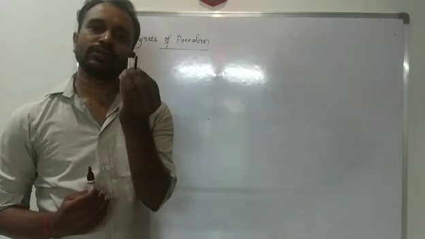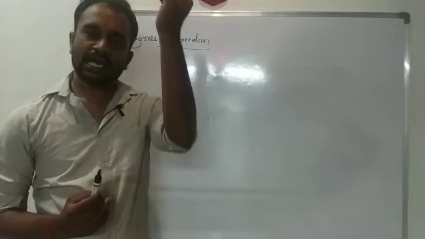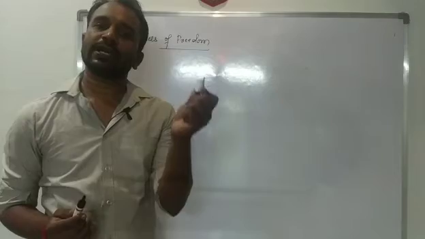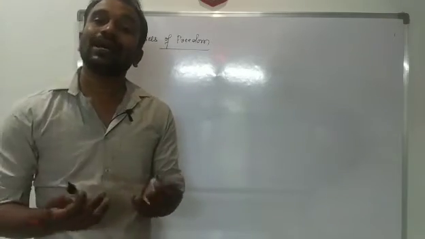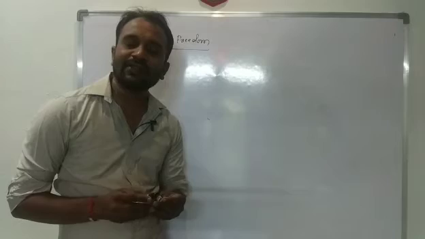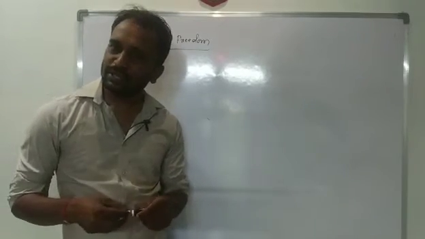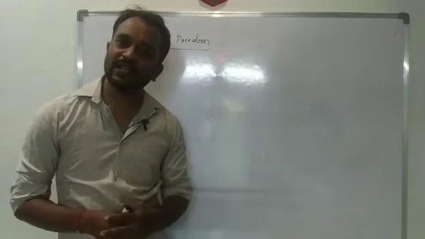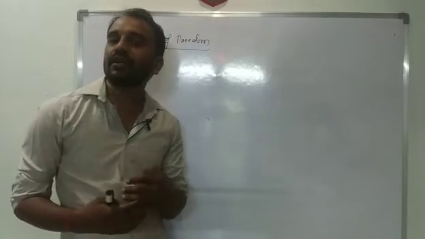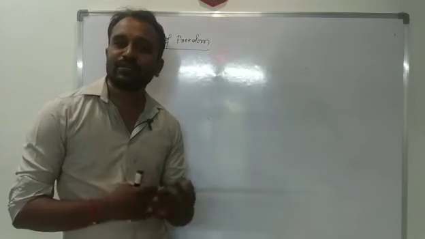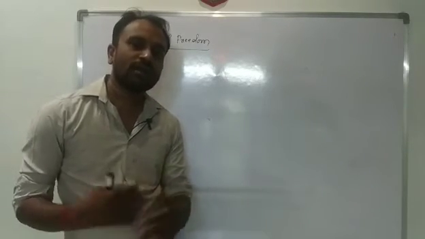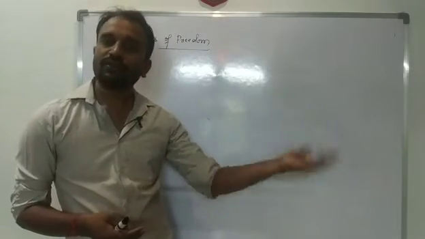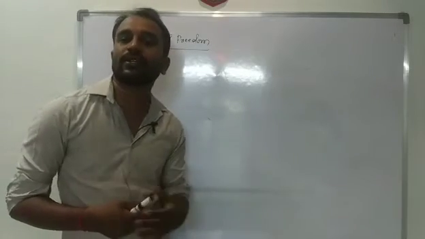This single molecule starts moving along the x-axis, y-axis and z-axis. When it moves along the x, y, z axes, the molecule gains energy, and that energy we consider kinetic energy. You already know that the energy possessed by an object by virtue of its motion is kinetic energy. Another one is linear motion or translatory motion, which means the object moves along a straight line.